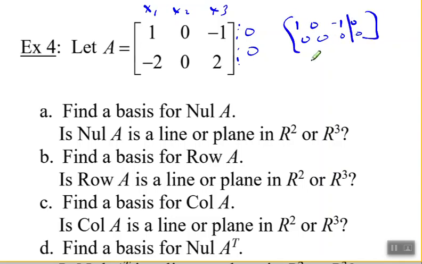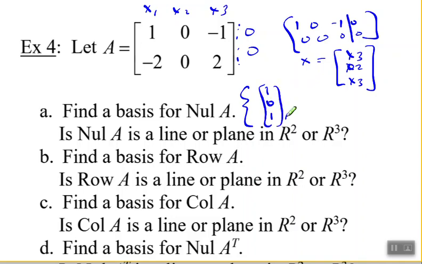So again, that's saying that my basis still has 3 variables in it. So we're going to have that x1 is equal to x3, x2 is free, and then x3 is equal to x3. x1 is the same as x3, so we're going to write that as a basis in terms of x2, which is 1, 0, 1, and x3, which is 0.